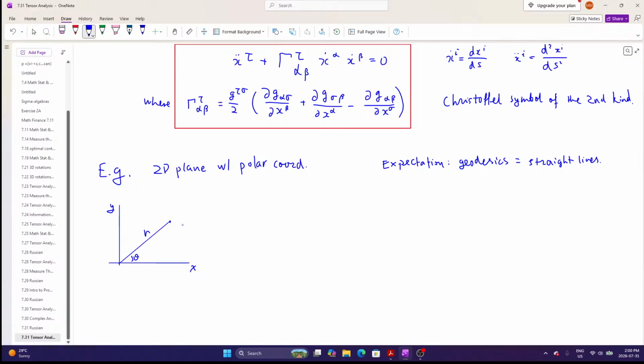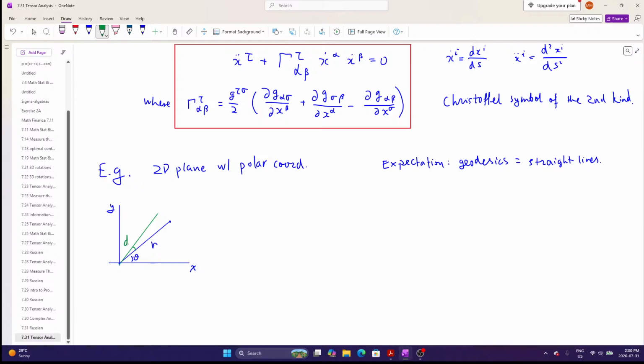Okay, that's the polar coordinate. And let's imagine we change r and theta by a little bit. If you keep r constant and change theta a little bit, it means a small rotation of the radius vector. So the new position is now something like this.